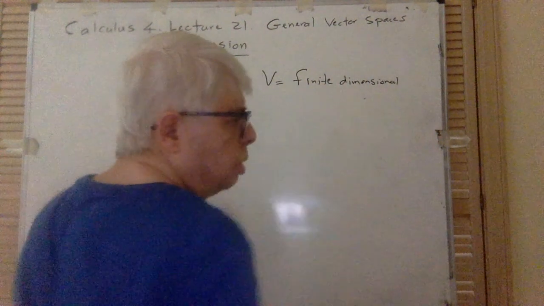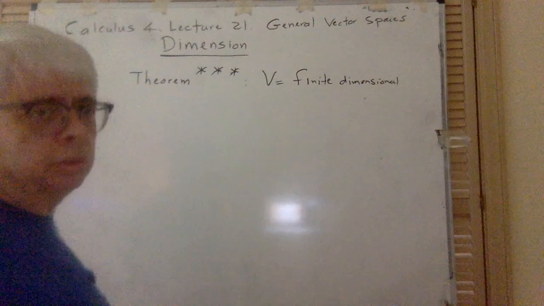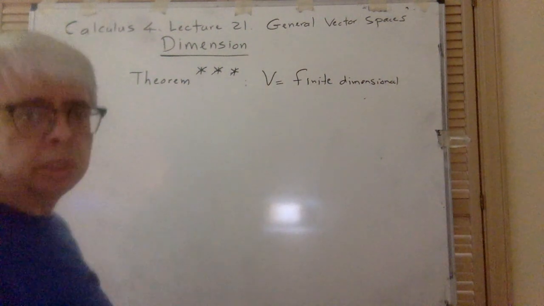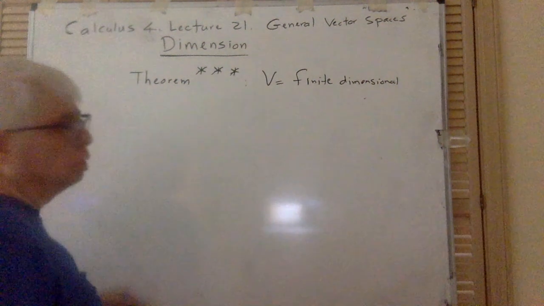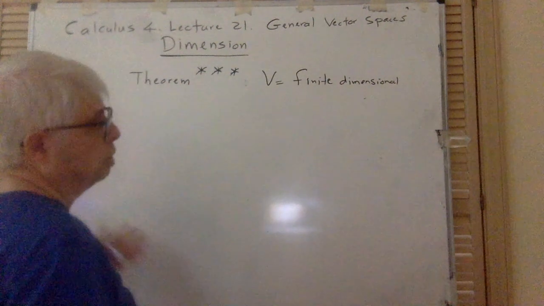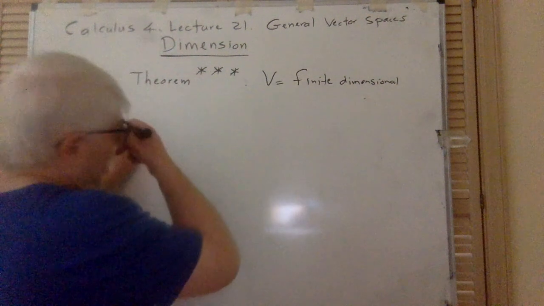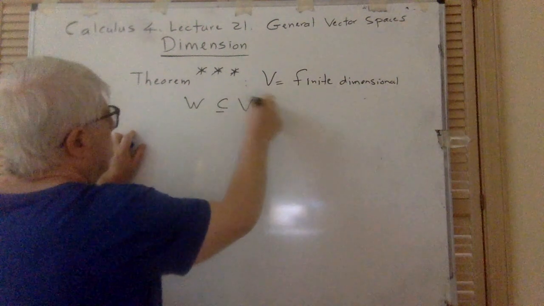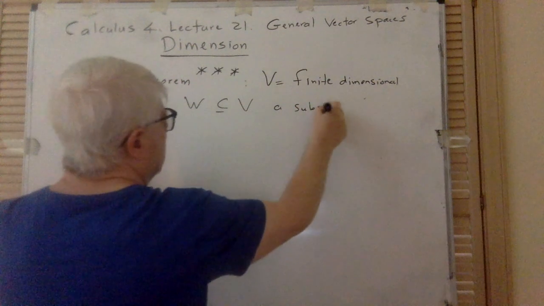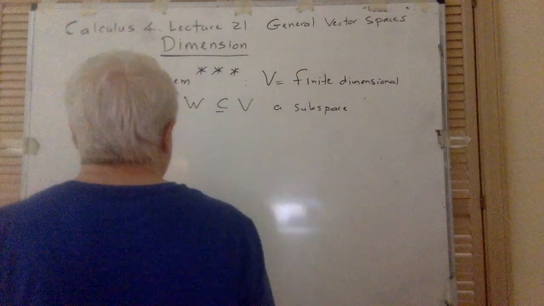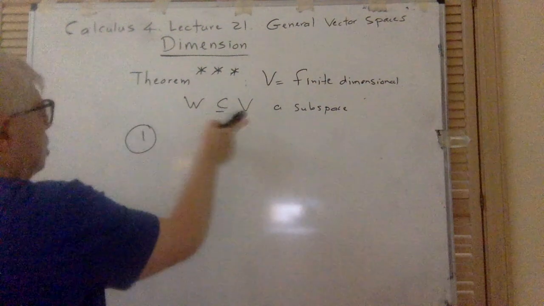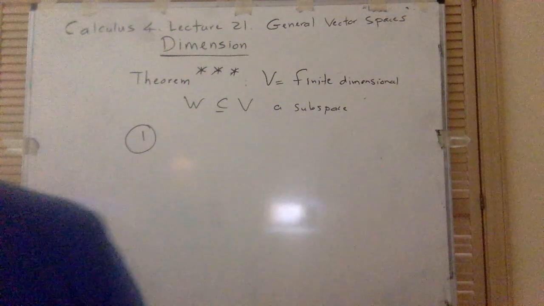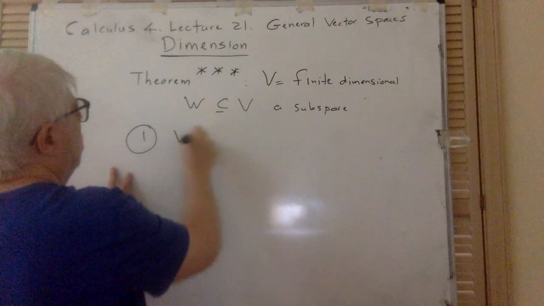For finite dimensional, you can either find a basis which is finite, or you can find a subset of V that spans V. That's enough. It doesn't have to be a basis. If it just spans, that's enough. Okay, so V is finite dimensional, W in V is a subspace. What do you think about the dimension of W? Is it less than, bigger than, or equal to V? The dimension of W is, in fact, but first of all, W becomes finite dimensional.